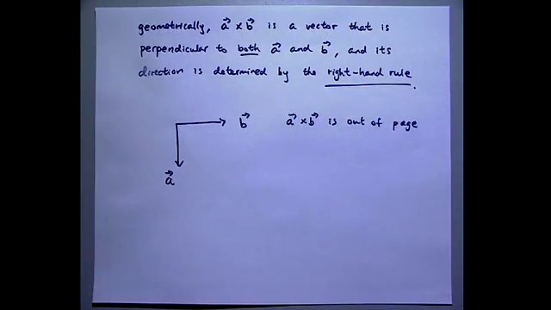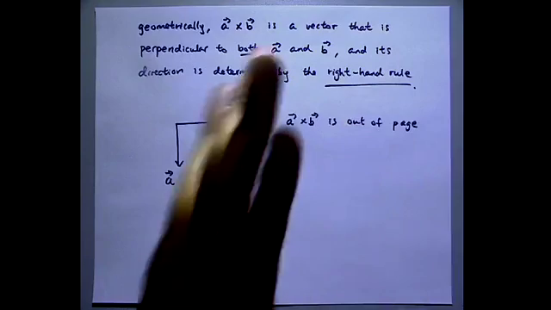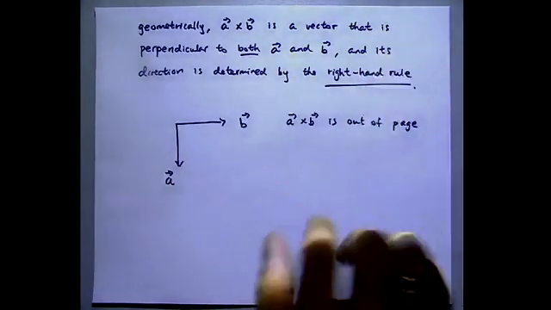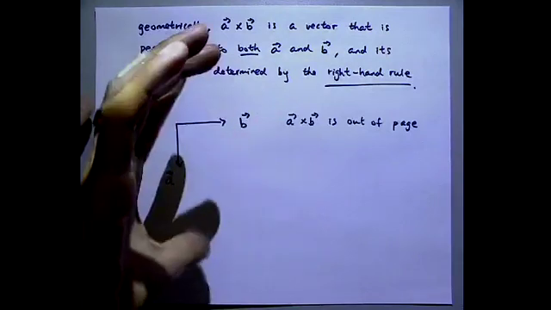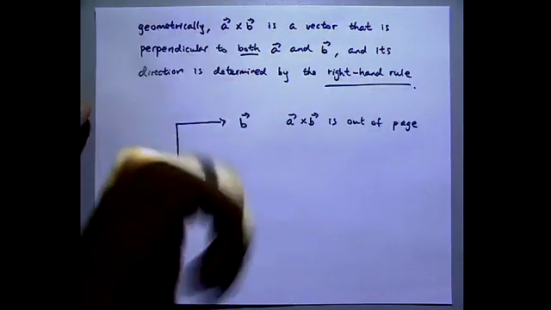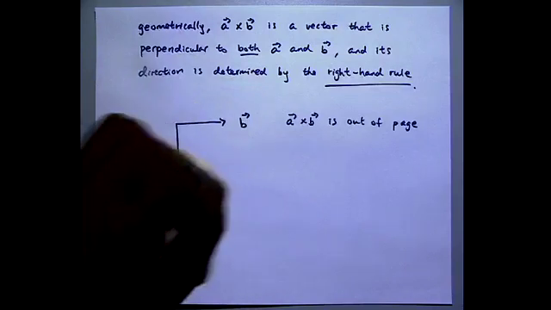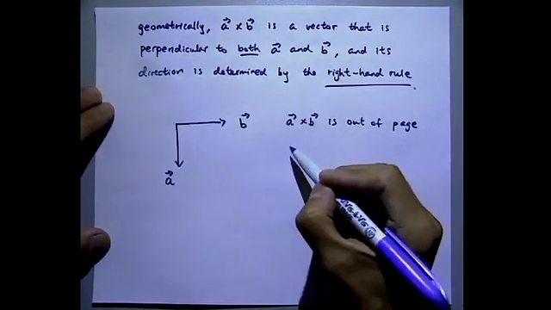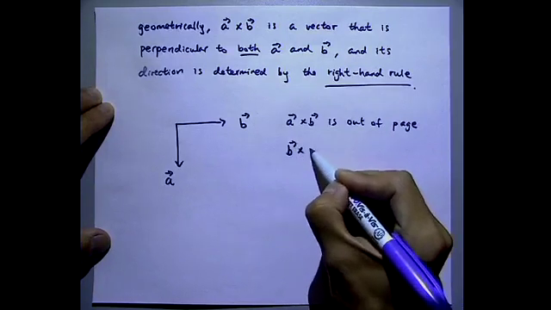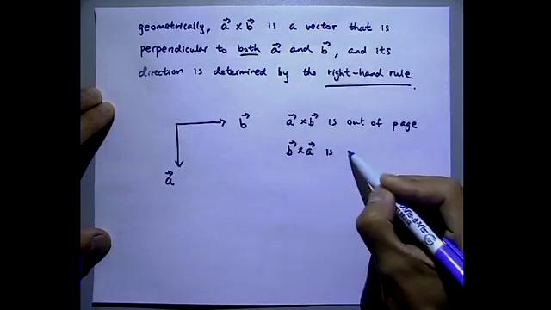B cross A, now we got to do a little bit of hand acrobatics here. You take your right hand, stick your thumb out, and then you sweep B into A. And when you do that, my thumb is pointing into the page. You see that? So B cross A is into the page.